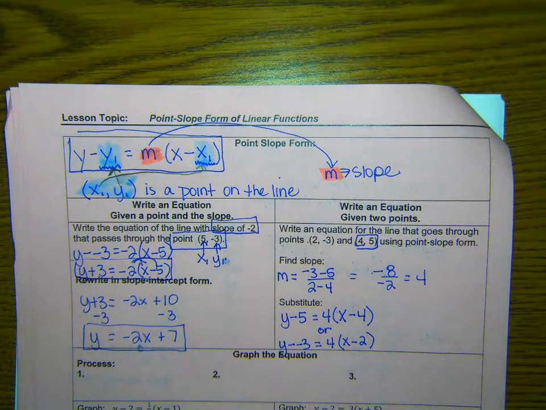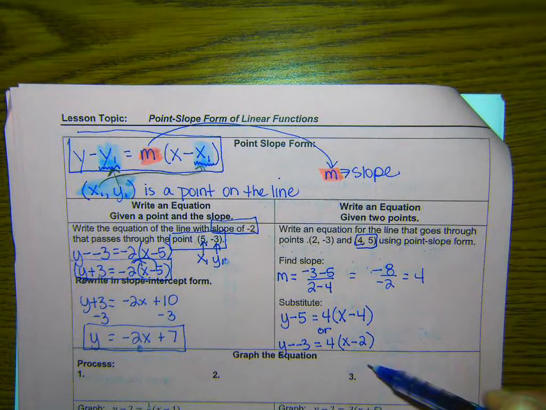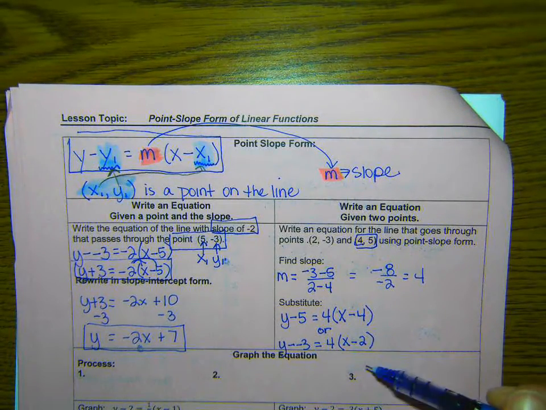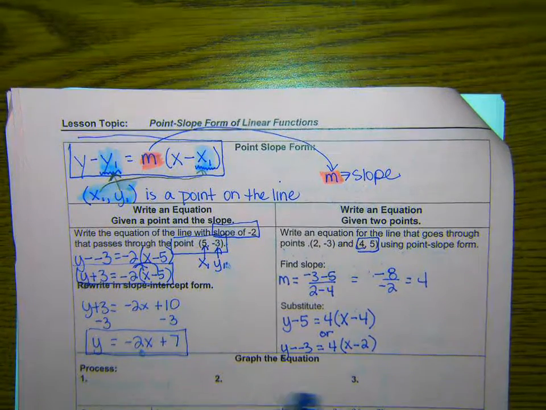Okay, do you have questions on that, on either of those things? Guess what would happen if we distributed either of these equations? You're going to get the same slope-intercept form. It has 2 different point-slope forms, but if you distribute them, you get the same slope-intercept form.